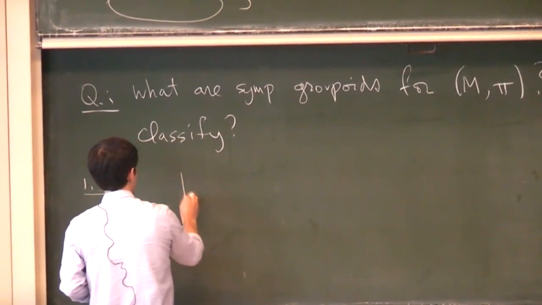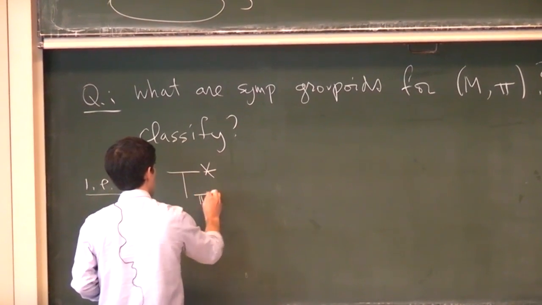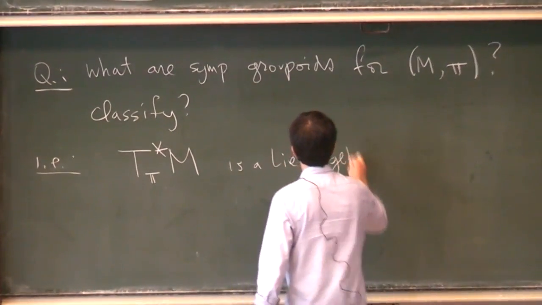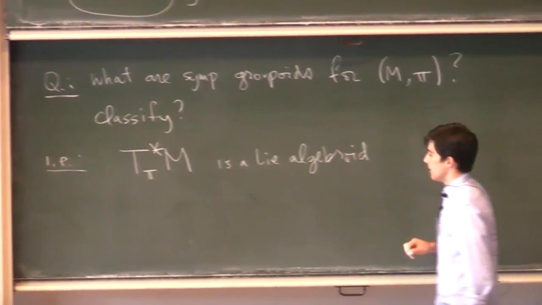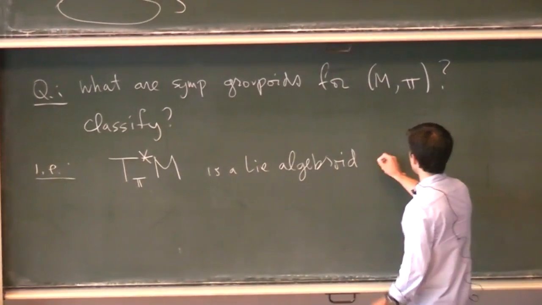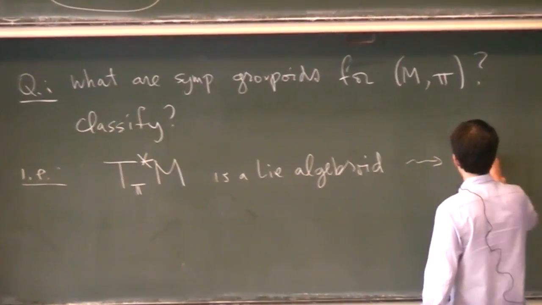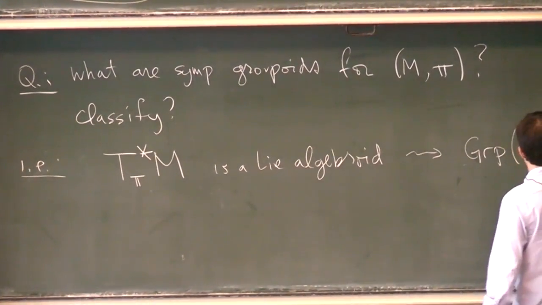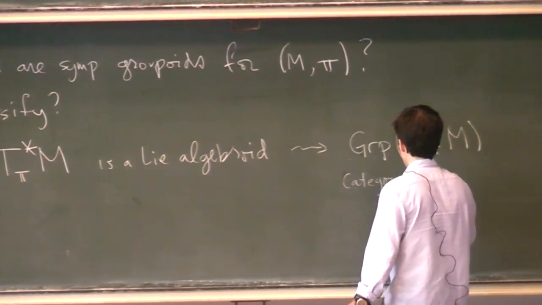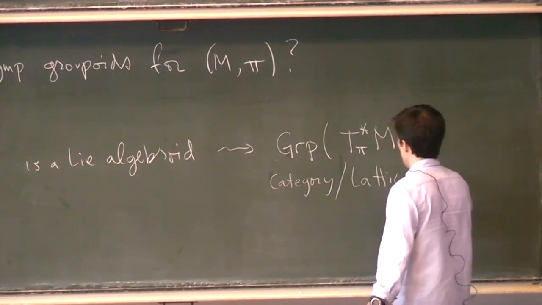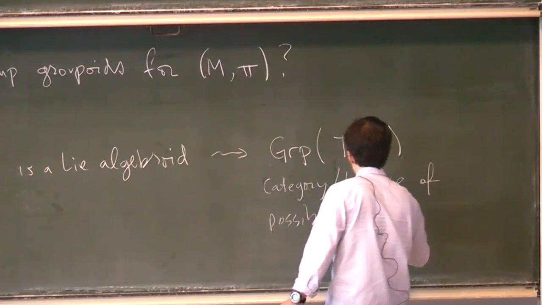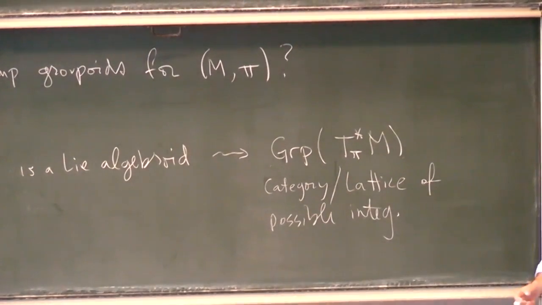So, of course, the cotangent bundle is a Lie algebroid, as it is for any Poisson manifold, and I want to classify its integrations. So this is a kind of category, or maybe if you prefer, a lattice of possible integrations. And I want to know what this is. I would like to know the structure of this.